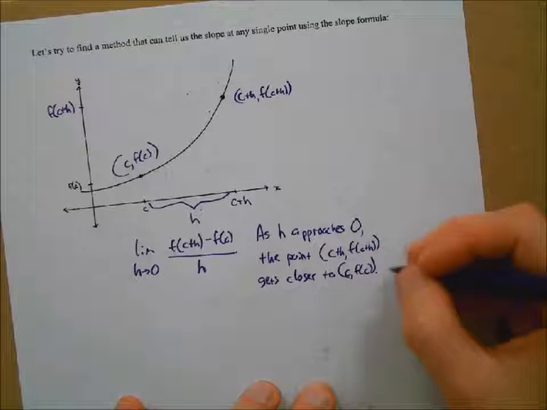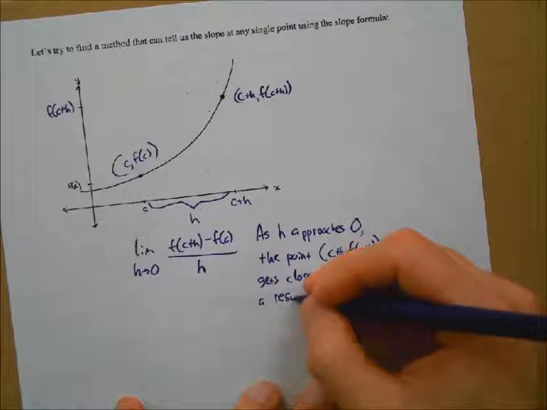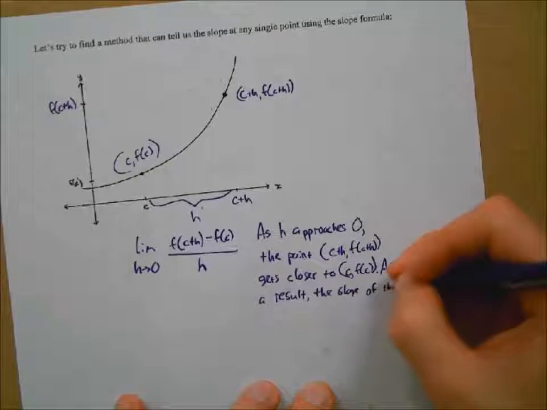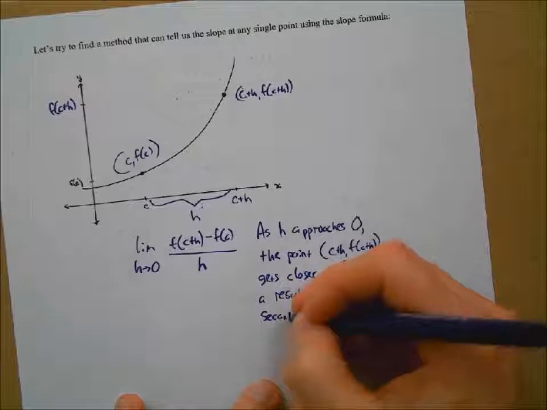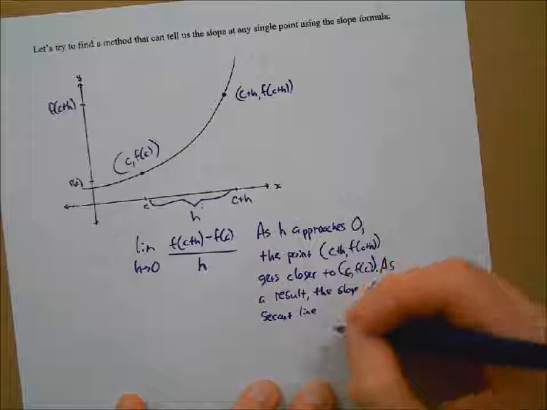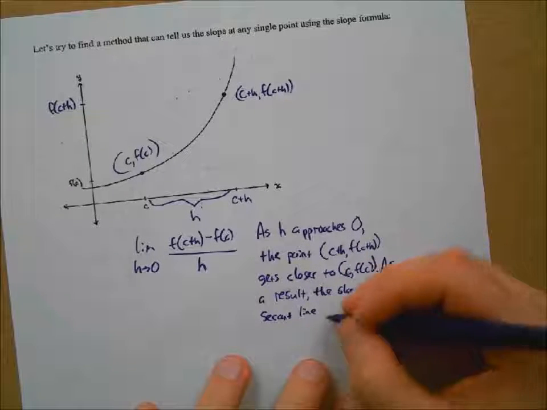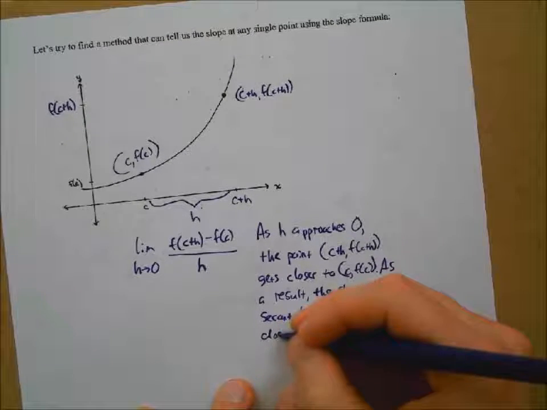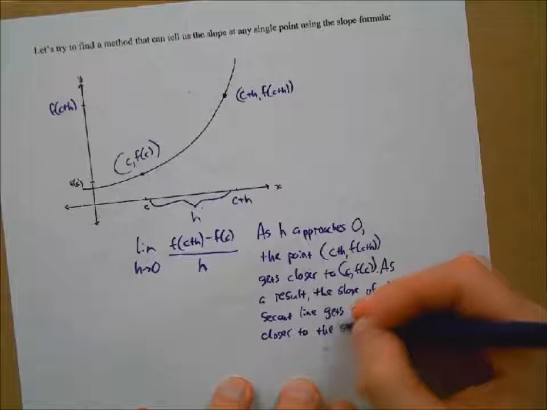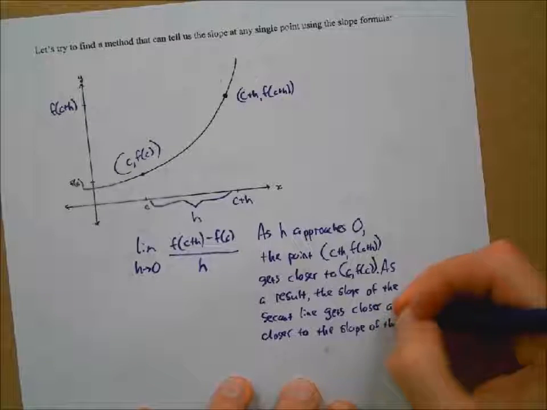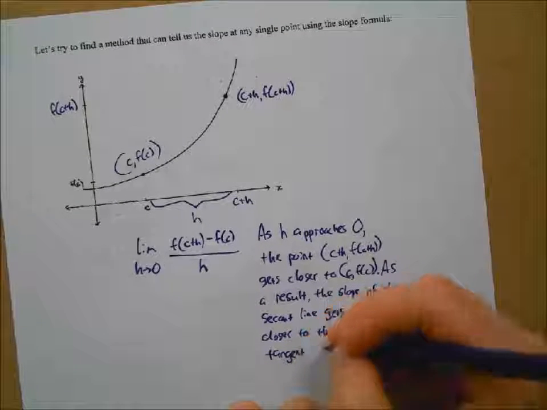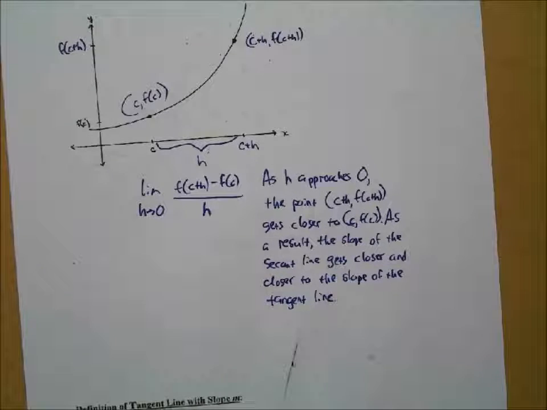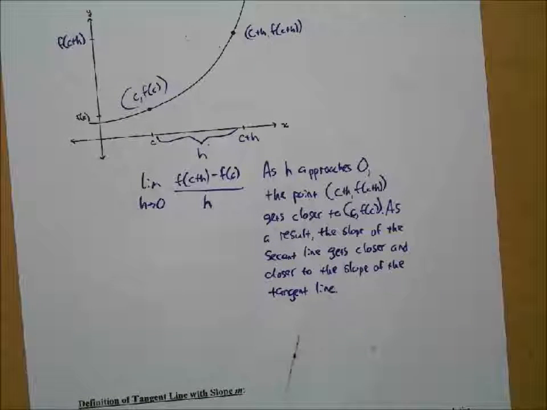As a result, the slope of the secant line gets closer and closer to the slope of the tangent line. So that's our final result there.